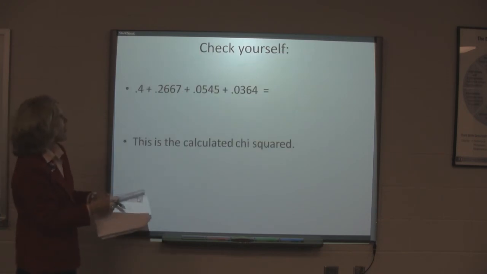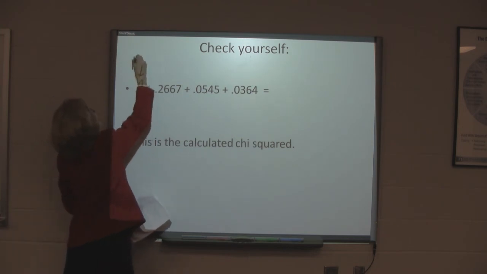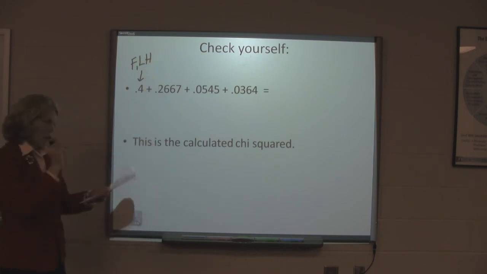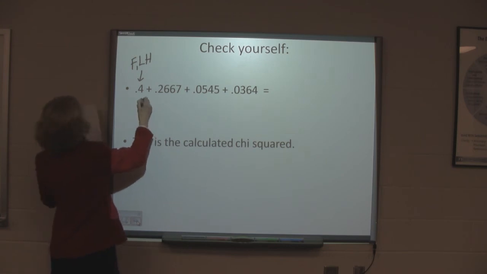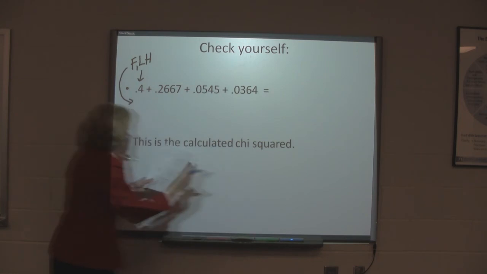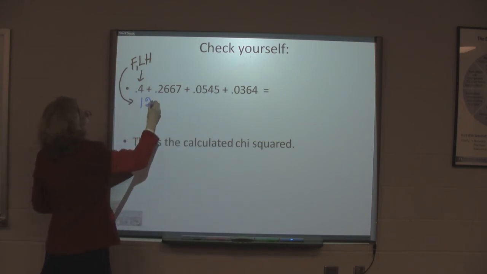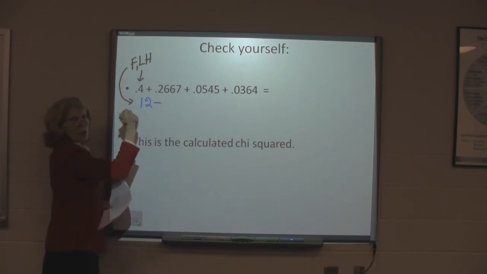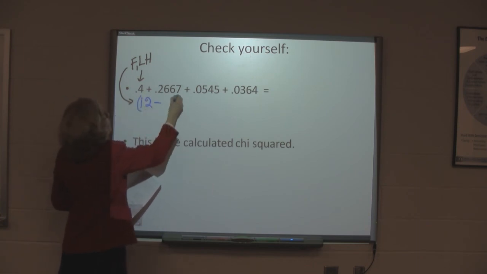Okay, so in the top left-hand quadrant, so this is females left-handed. So in that quadrant, we're going to have 12 minus 12 was the observed number of females left-handed. I'm going to square this.